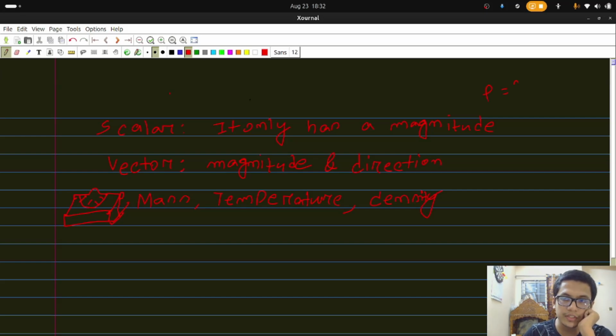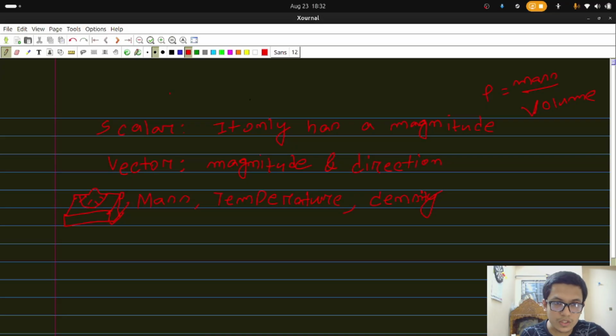Density is mass per volume, right? Let me check. That's the most confusing thing, whether density is a vector. As far as I know, it's a scalar quantity. See? Density is a scalar quantity because density is equal to mass divided by volume.